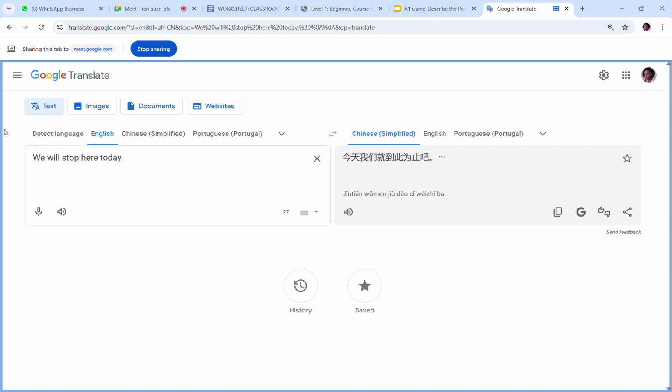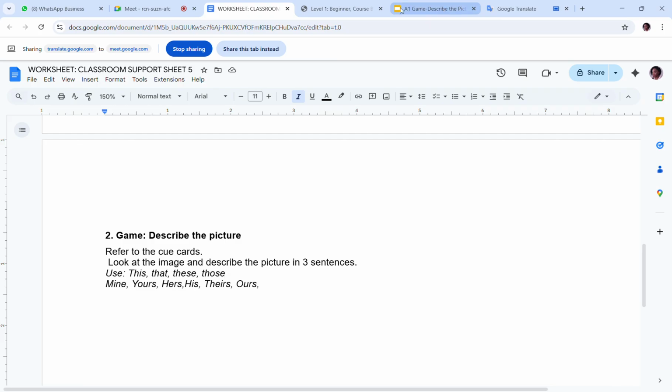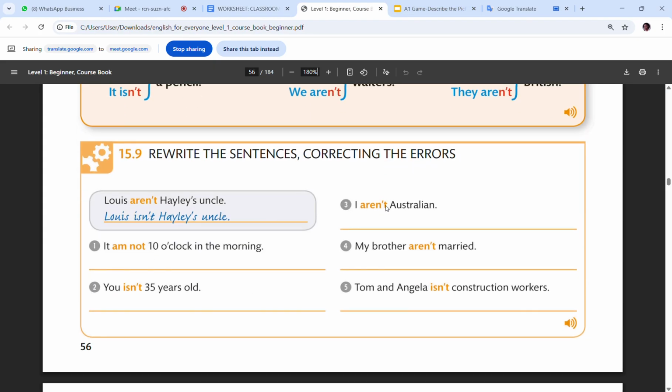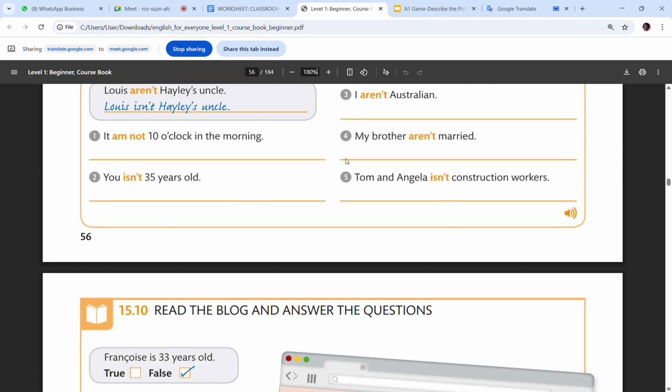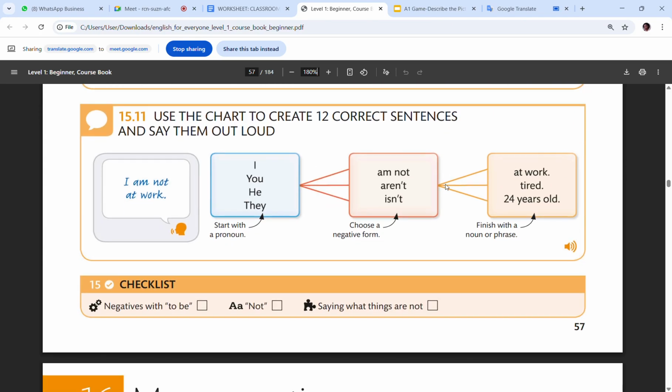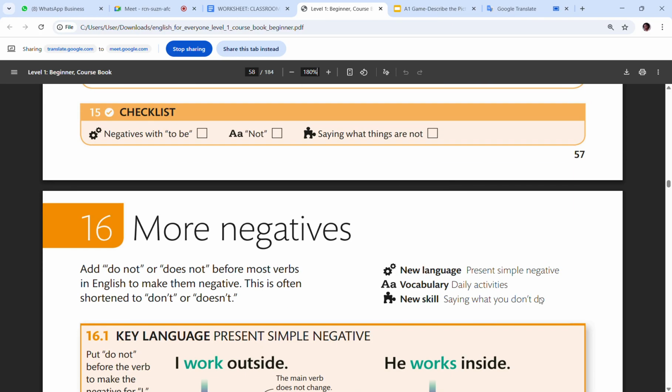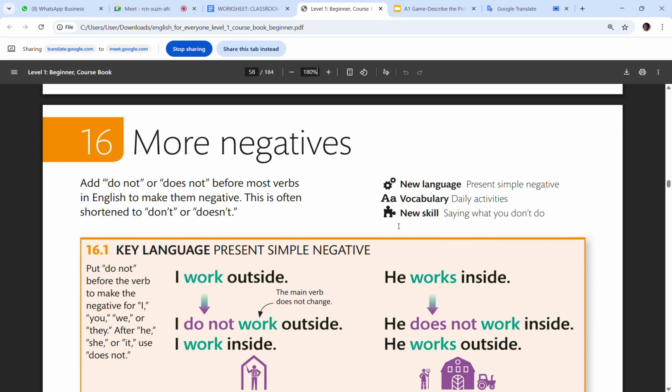And continue on Wednesday. What are we talking about on Wednesday? We will look at more negative forms in the present simple, to talk about your daily activities.